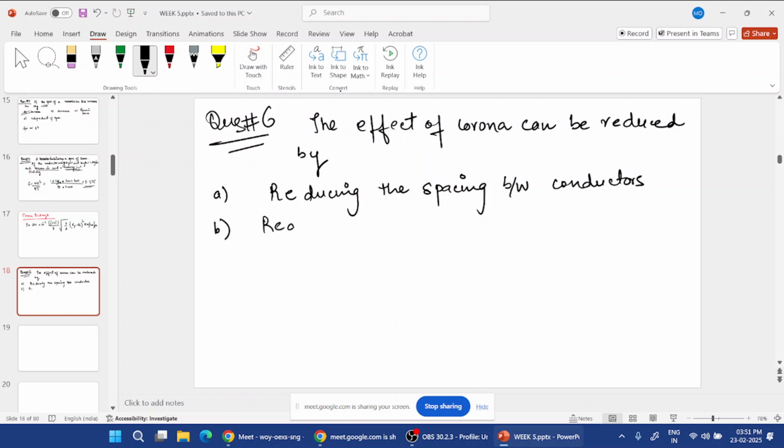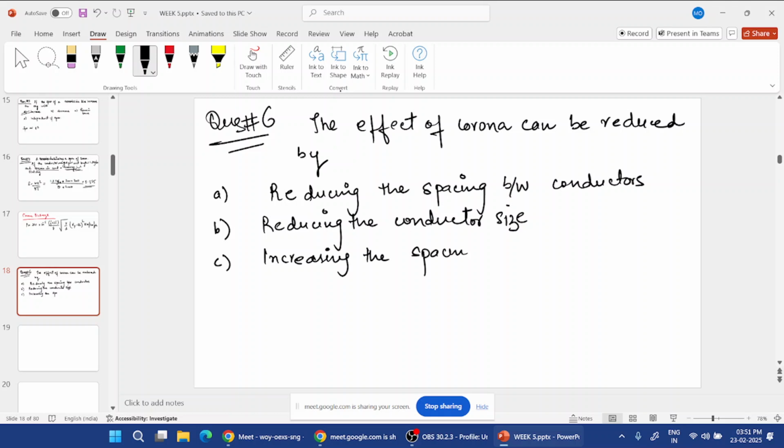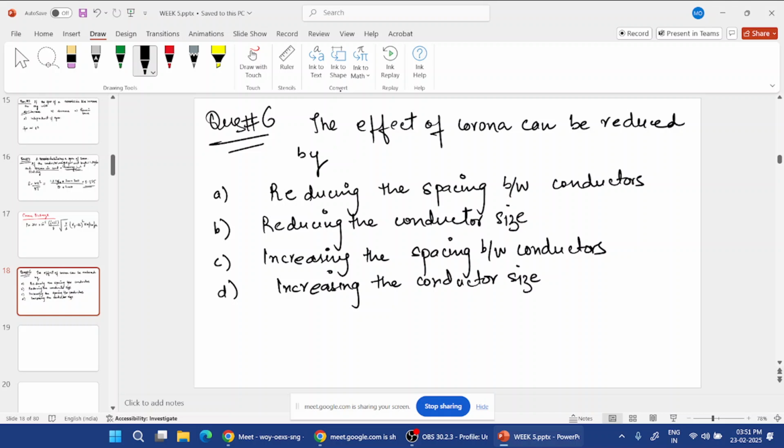B, reducing the conductor size. C, increasing the spacing between conductors. D, increasing the conductor size.